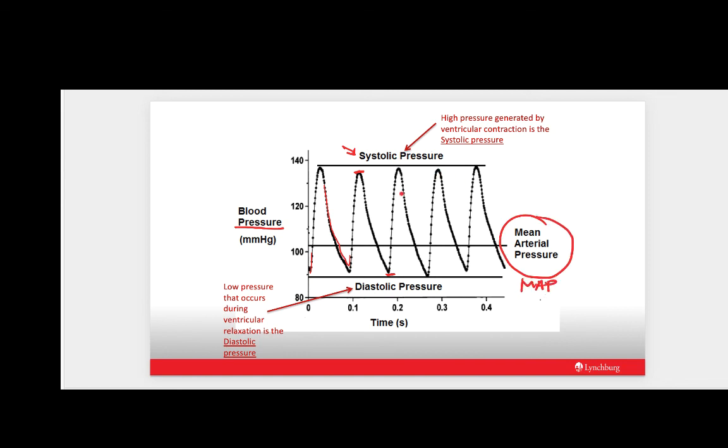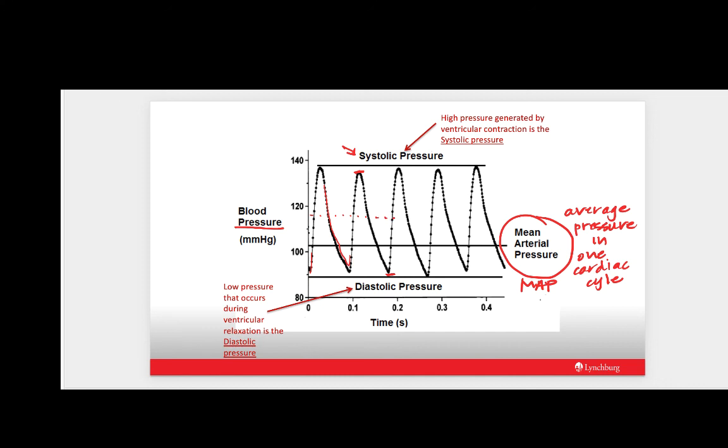This is basically the average of the pressure in one cardiac cycle. If you notice, your mean arterial pressure is a little bit lower. It's a little bit more towards the diastolic pressure than systolic pressure. It's not a halfway point in between the two.